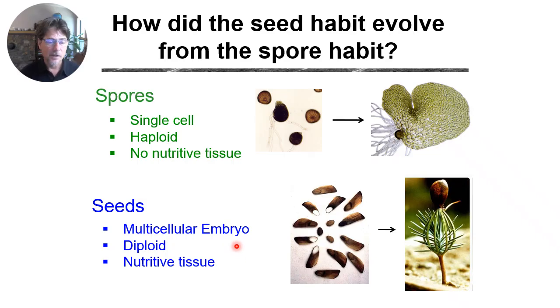Another important aspect of seeds is that they enter a condition known as dormancy. Unlike spores, which only have a short window of time before they have to germinate and grow, seeds can remain dormant in many cases for years, decades, even centuries.